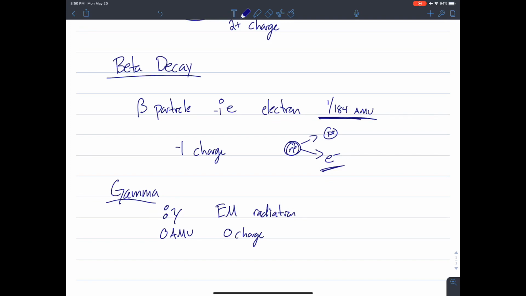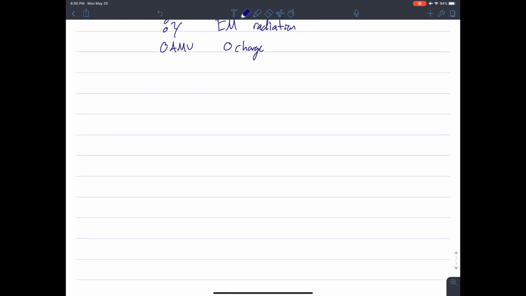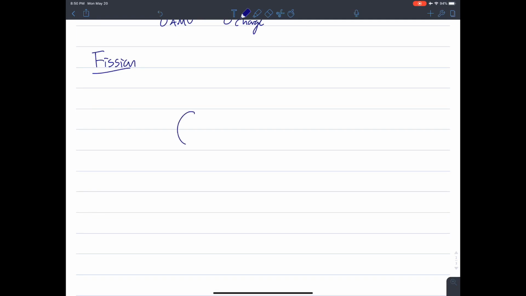Okay, now lastly, for radioactivity, we talk about fusion and fission. So fission is when you get a bigger atom. Okay, so it has a lot of neutrons in it. It's kind of almost ready to blow up.